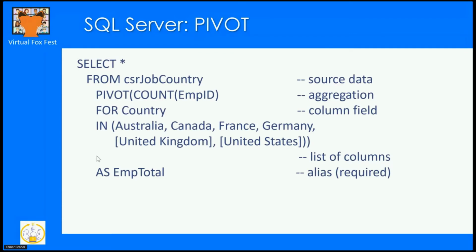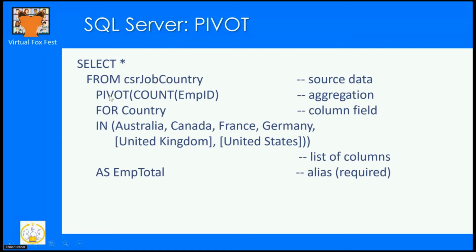So this is an analogous query to the first one we looked at in VFP. We want to know for each job title, this is only part of the whole query, but for each job title, how many employees do we have in each country? And so we're going to be starting with a cursor, which we'll see in a minute.